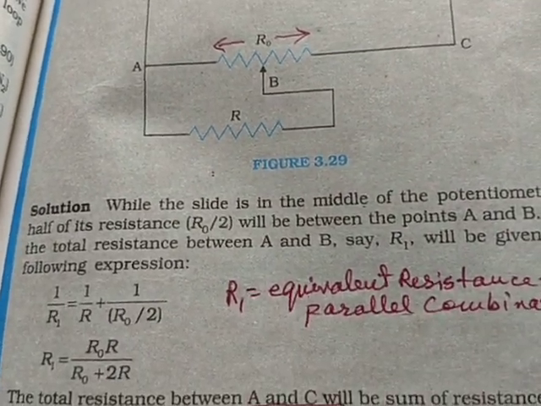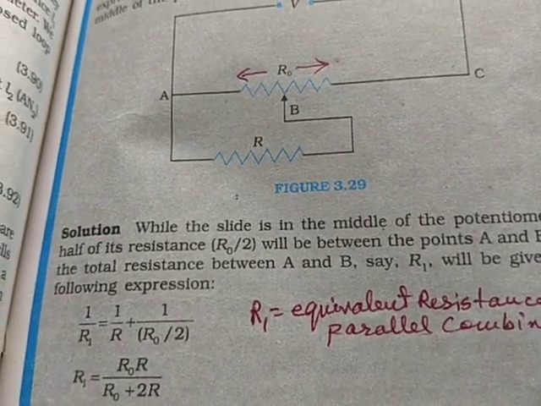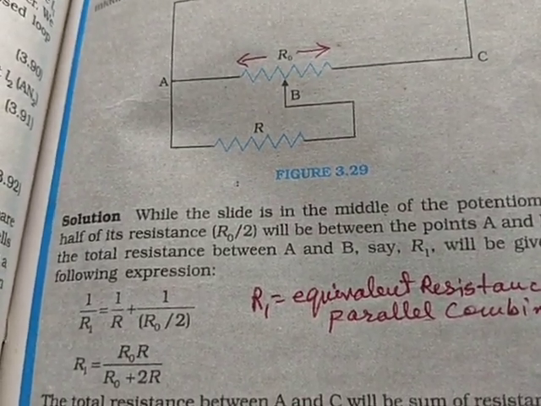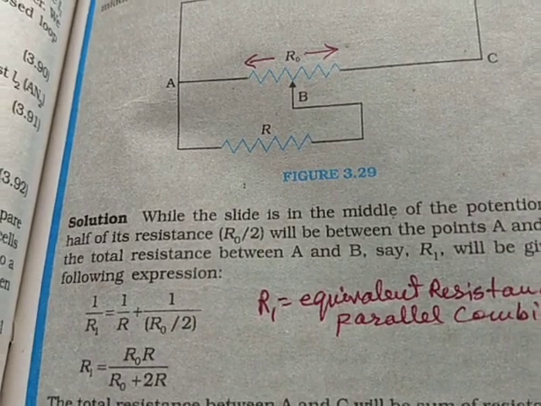Now, in this case we have to find the potential across point B, AB, when the slide is in the middle of the resistance coil R0 of the potentiometer.